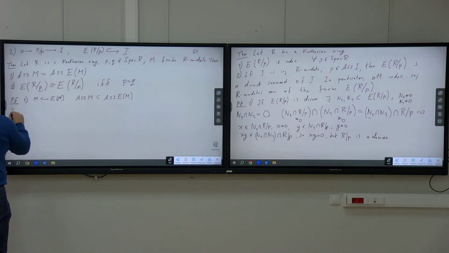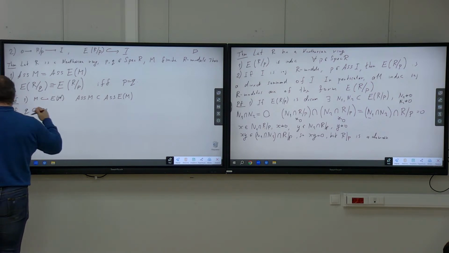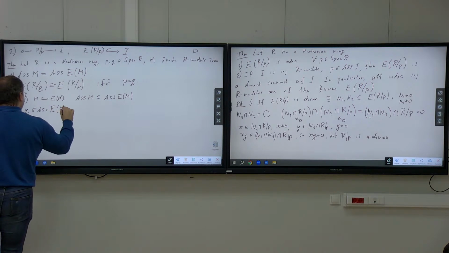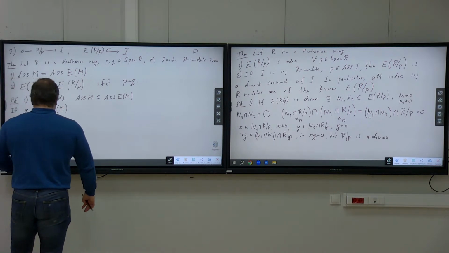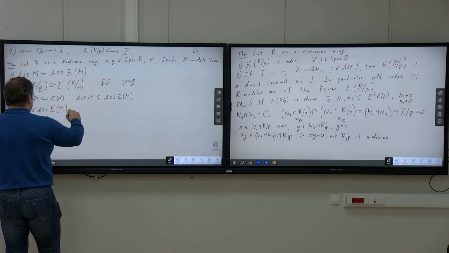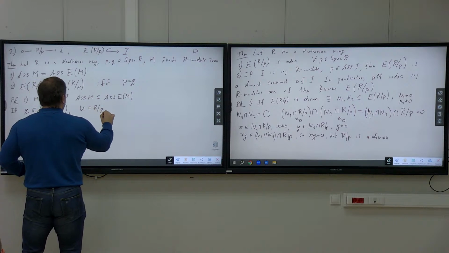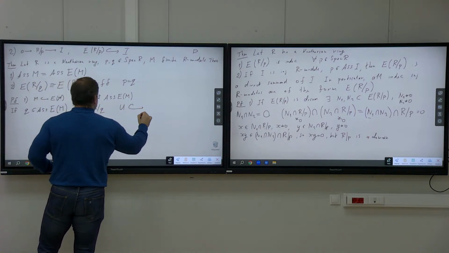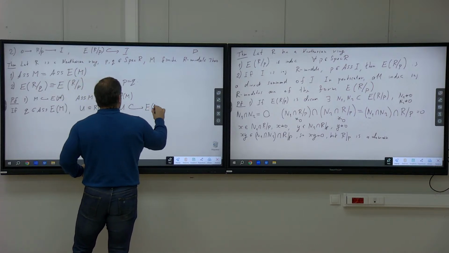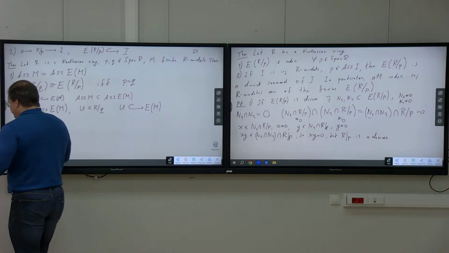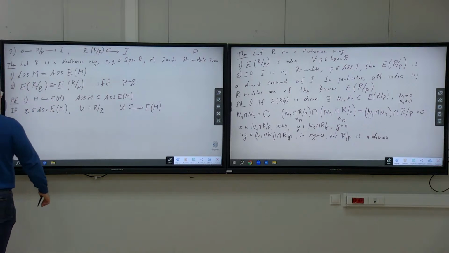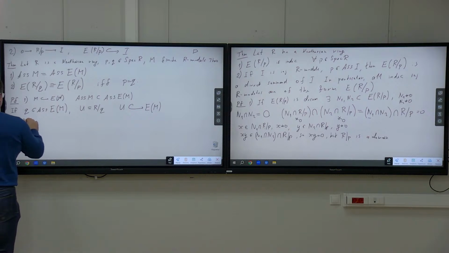Now, let's take an associated prime Q associated to the injective hull of M. So, if this is associated, it means that there is a module, let me call this U, which is of course isomorphic to R modulo Q, and this module U is embedded into the injective hull of M. So U intersect M is not zero, right?